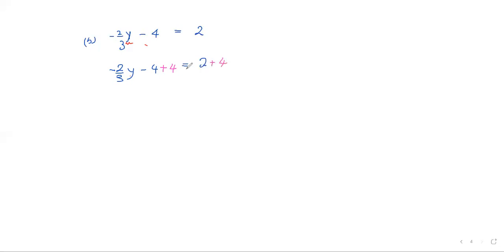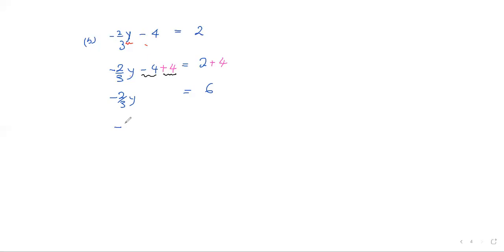On the right, we should do the same to maintain the equality. So here we realize that we have a number and its additive inverse. And we said the sum of a number to its additive inverse is 0. 4 minus 4 is 0. We will remain with, on the left here, -2 over 3y is equal to 6.